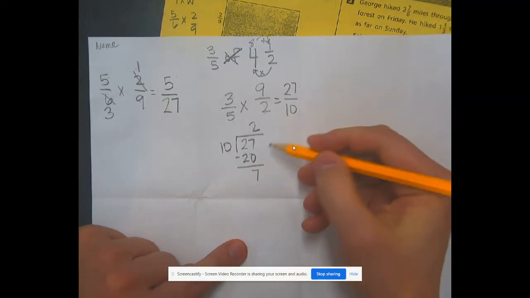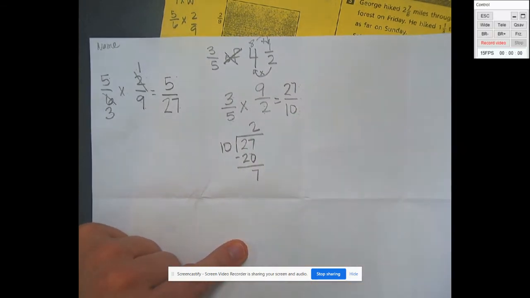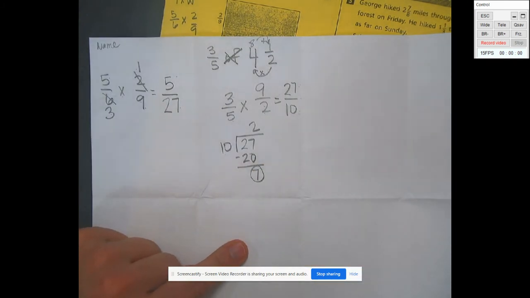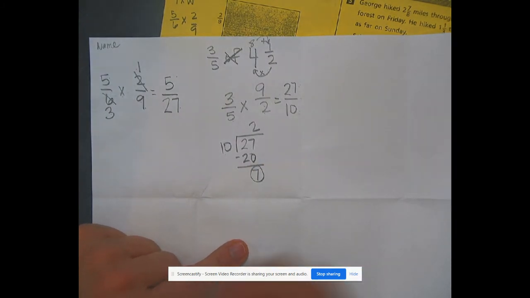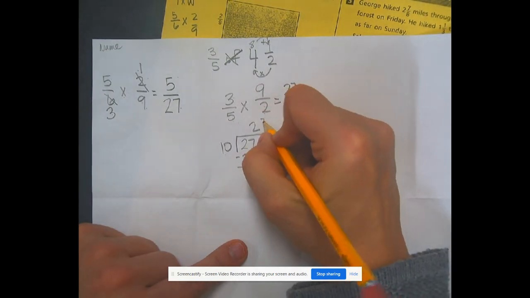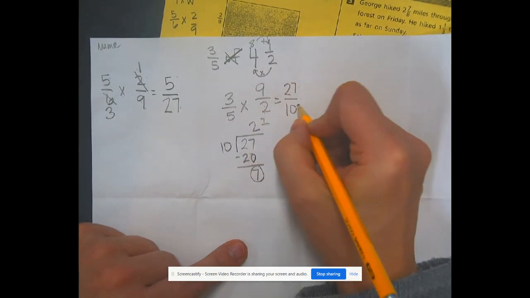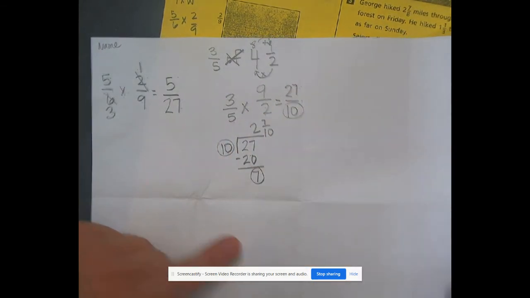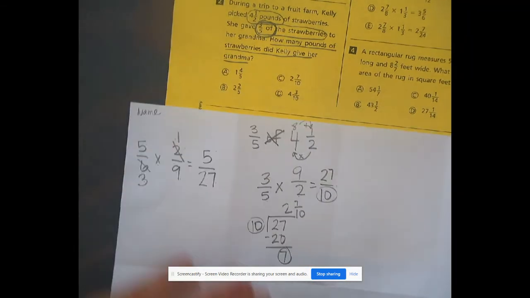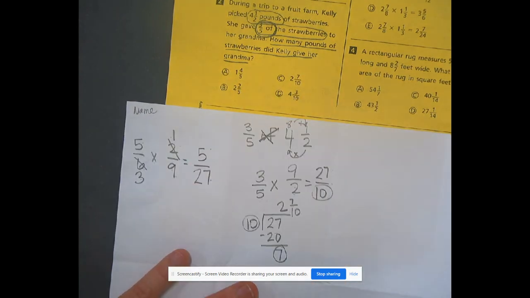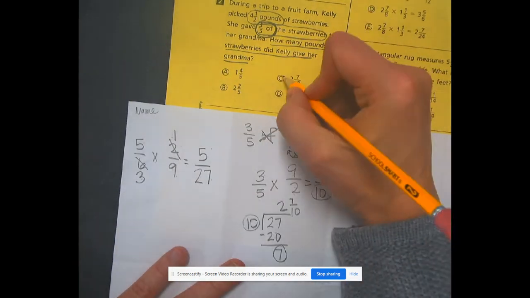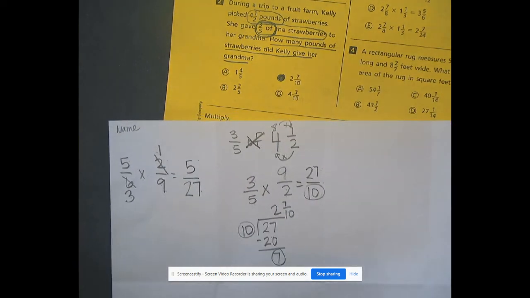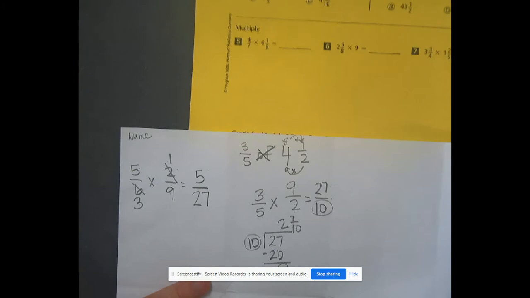Subtract. Is there anything to bring down? So 7 becomes my remainder. And we're working with fractions, so 7 is my numerator and 10 is your denominator. So how many pounds of strawberry did Kelly give her grandma? 2 7/10. Good.